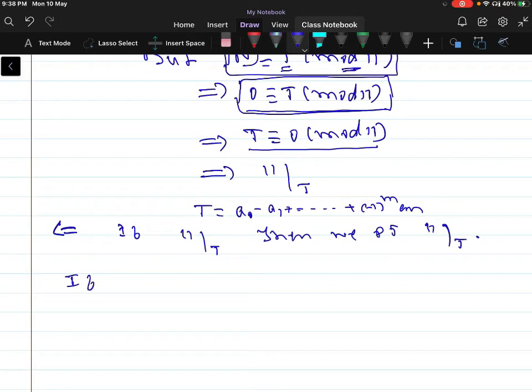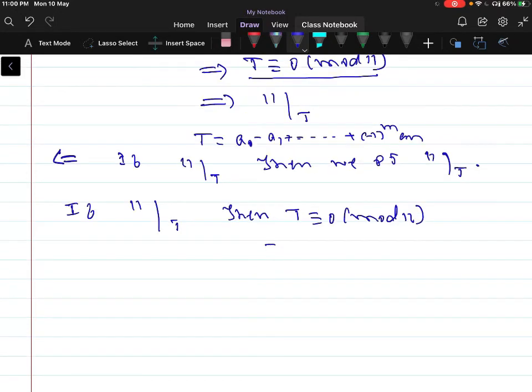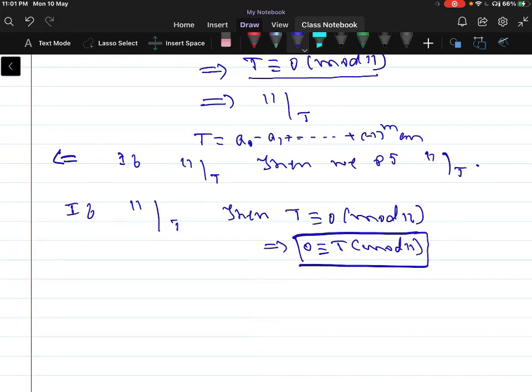Suppose 11 divides t. Then by using the definition of congruences, t is congruent to 0 modulo 11. This implies 0 is congruent to t modulo 11, since congruence is symmetric. But from equation 4, n is congruent to t modulo 11.